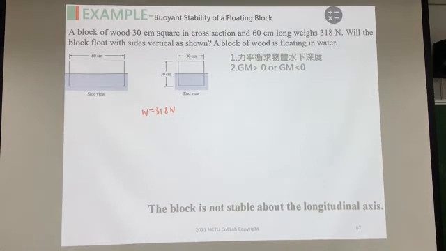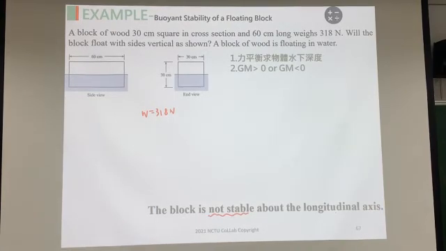But if you take a look at the final answer, I show here it is not stable along the longitudinal axis. In this direction is the longitudinal axis, right? So I already told you it is not stable. So we guess the answer for the GM distance should be less than 0, right? So right now we would like to calculate whether the true GM value is less than 0 or not.